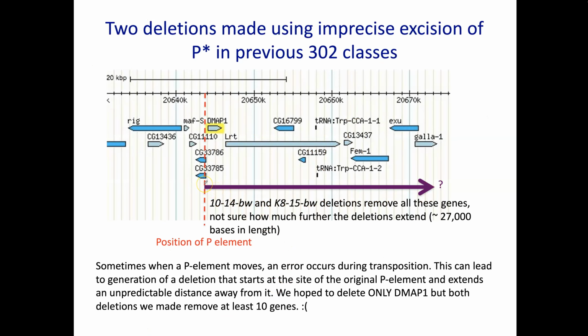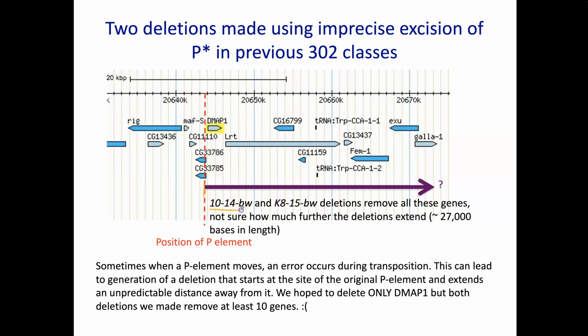So if you can do this on a large scale, you make lots of different deletions, all of which start at the point where the P-element was, and then remove small sections of DNA to varying lengths. These lengths can be anywhere from 100 bases, really short little ones, to maybe 100 to 200,000 bases, a really big deletion, removing lots of genes. And so we made two different ones.